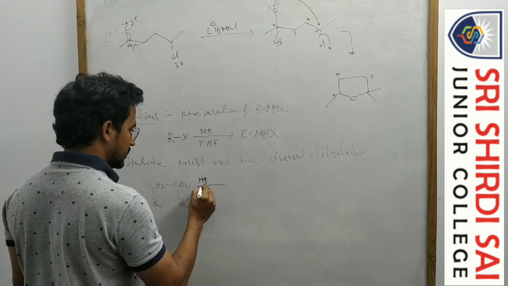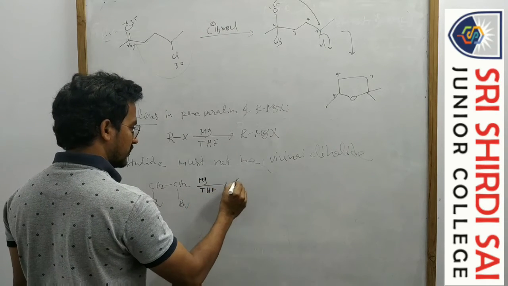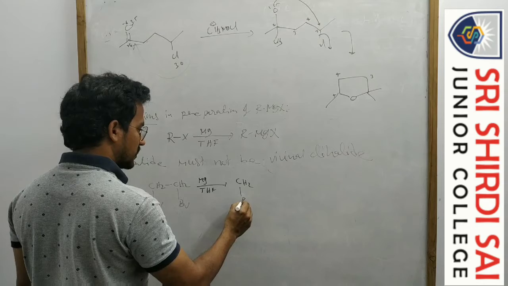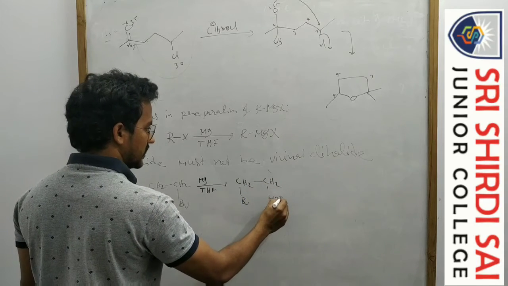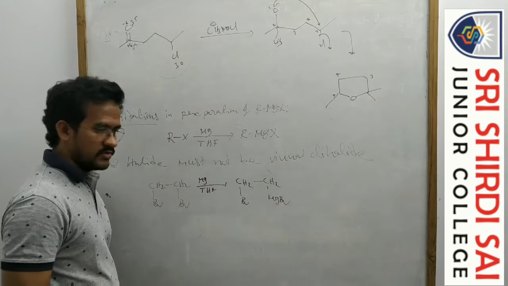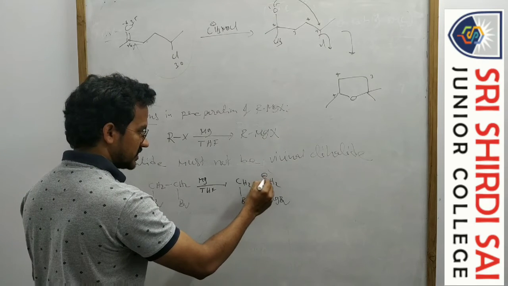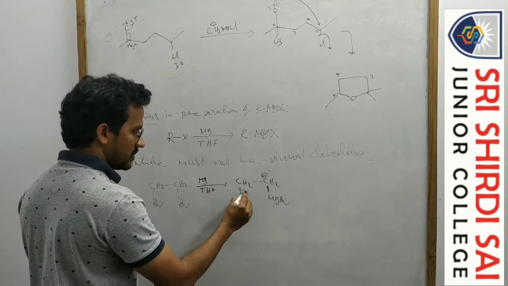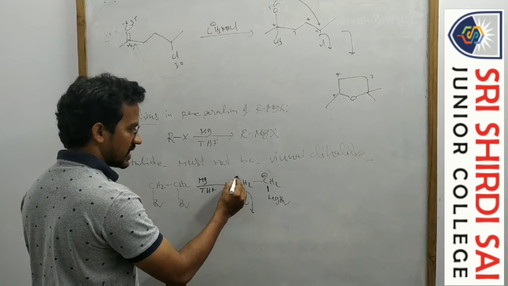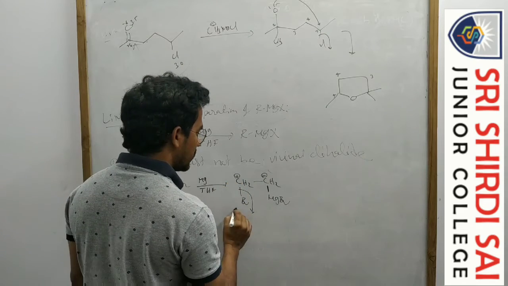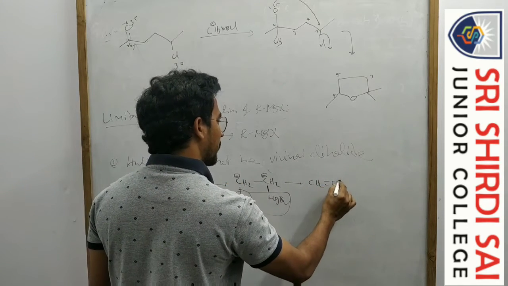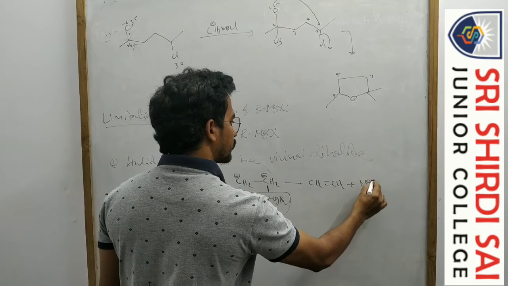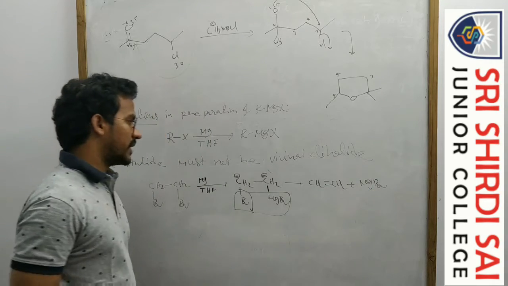I am treating this with magnesium in tetrahydrofuran. First, insertion takes place, giving MgBr. Now this carbon carries a negative charge, and Br minus leaves from the other carbon, which carries a positive charge. So MgBr leaves, and we will get ethylene.